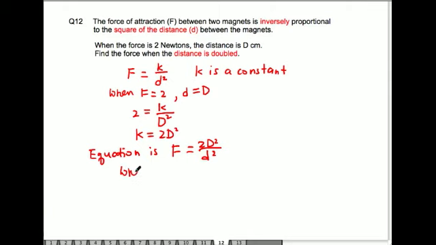So now the distance D becomes 2D. Substituting into the equation, we have F is 2D squared over 2D squared. Simplifying it, we have F is 0.5 newtons.